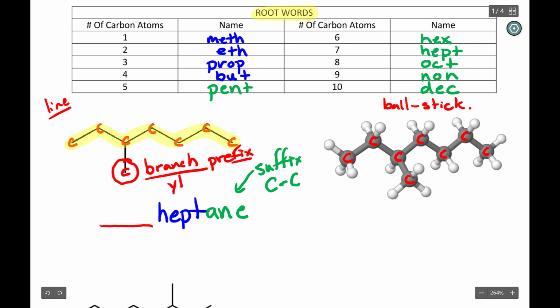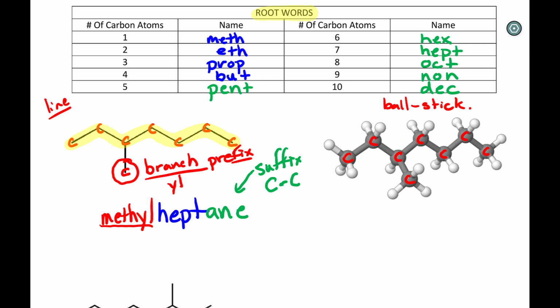So this is actually called a methyl group or a methyl branch, and that's going to run right into the word heptane. So this is methyl heptane, but we're not quite finished yet. I could have the methyl group here on this carbon, or I technically could have it here, or here.